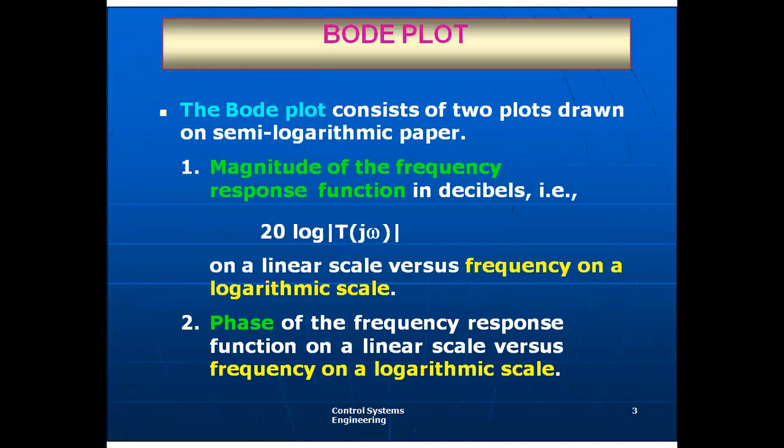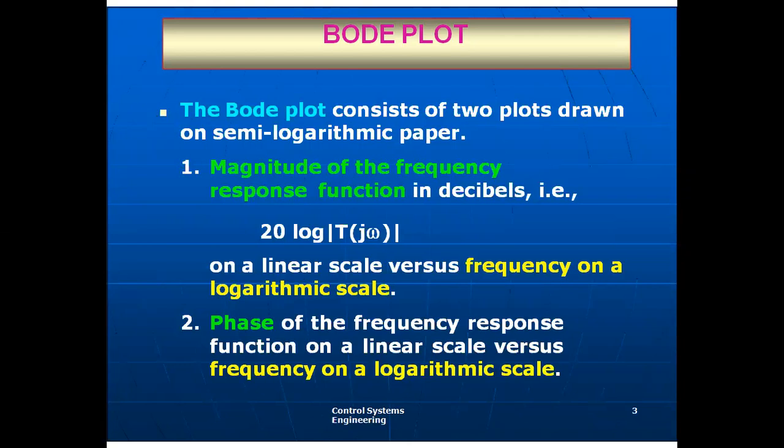The Bode plot mainly consists of two plots which are drawn on semi-logarithmic graph sheet. The first plot is the magnitude of the frequency response function in decibels. That is, if you are given an open loop transfer function T of j omega, its magnitude can be found and you take 20 log of the magnitude of T of j omega.